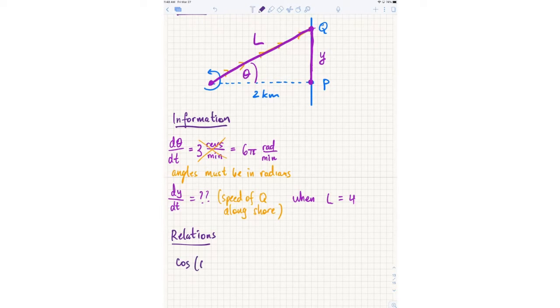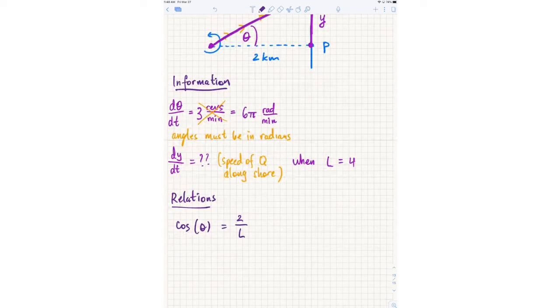There's a lot of stuff we can write here. We can write cosine of theta equals 2 over L. Kasim and Victoria both said something about sine. So sine theta equals opposite over hypotenuse. So I can say sine theta equals Y over L. So that is an equation that involves all of the variables at once.